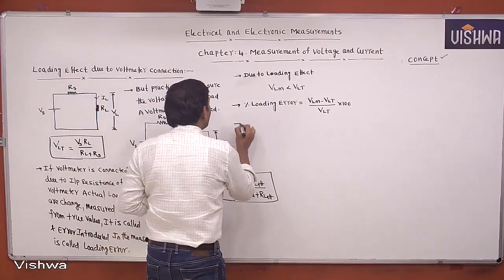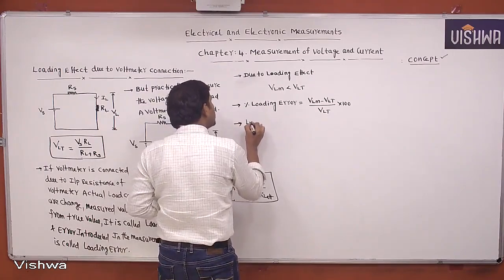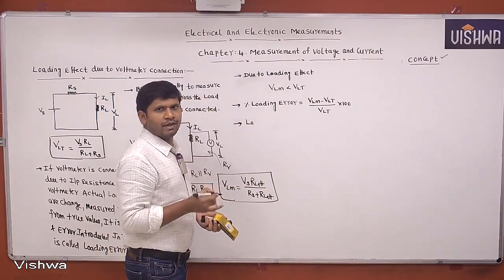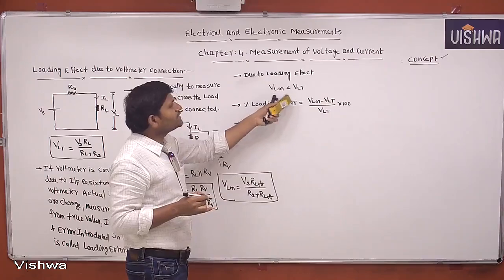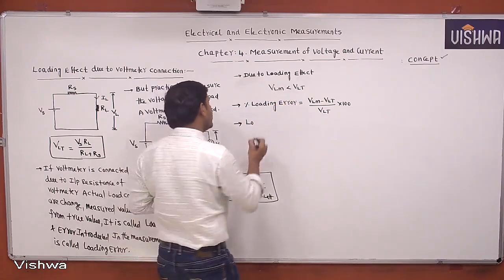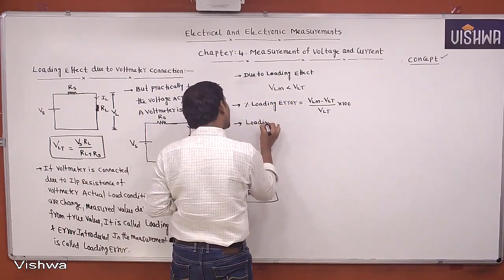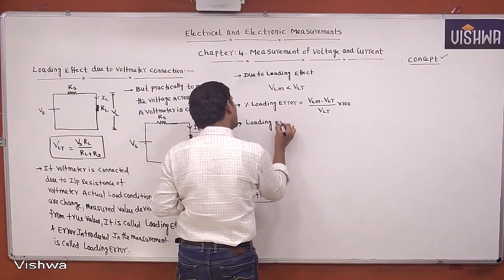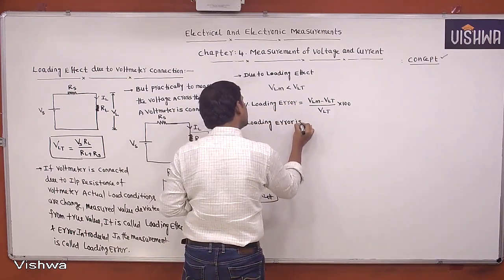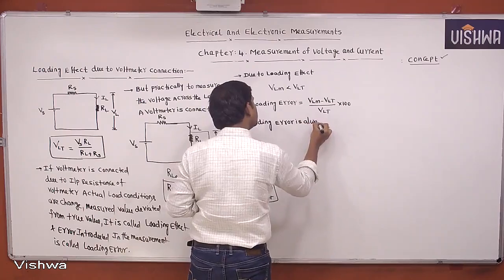But a point to remember: is loading error always positive or negative? Negative. Why? Because the measured value is less than the true value. That is, loading error is always negative.